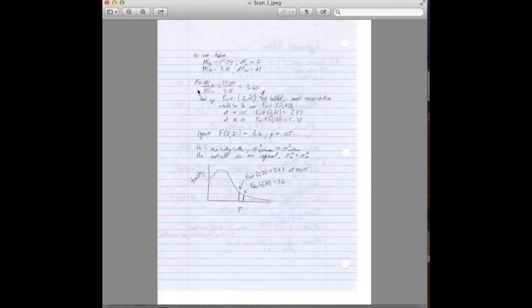To do your F-test, you do mean squares between over mean squares within, and I calculate that here to be 3.6. So then you look up your F value in the F table with the appropriate degrees of freedom. So in this case, it would be 2 and 21.